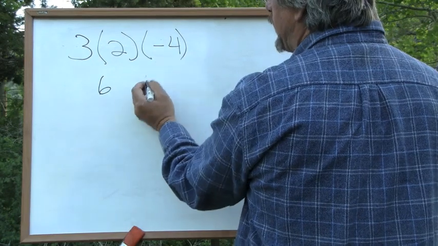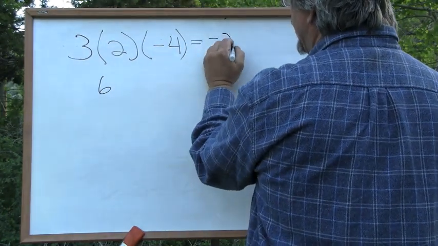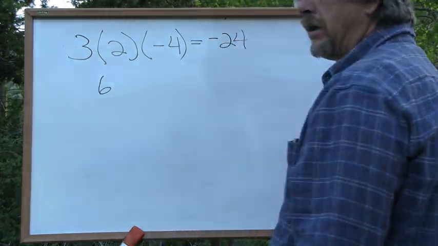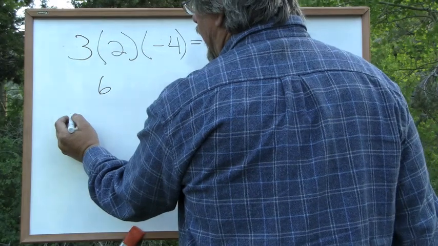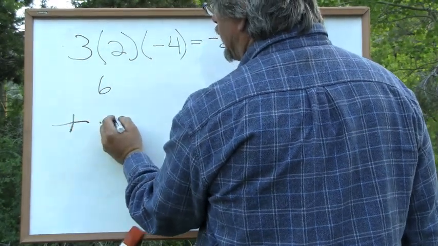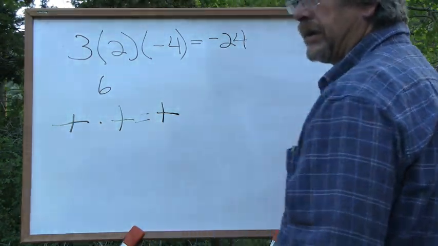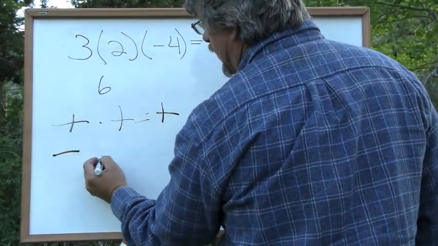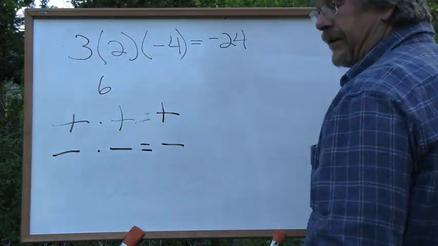And 6 times a negative 4 equals a negative 24. When you multiply positives and negatives, a positive times a positive is a positive.